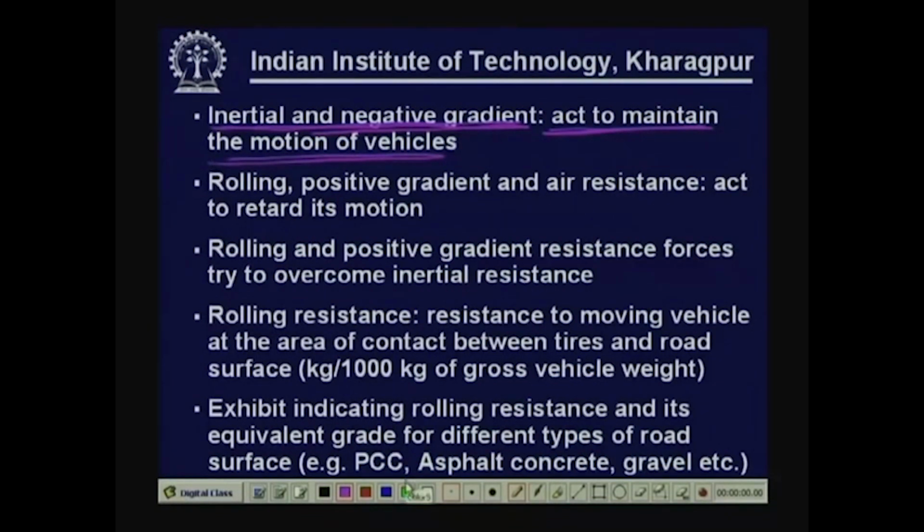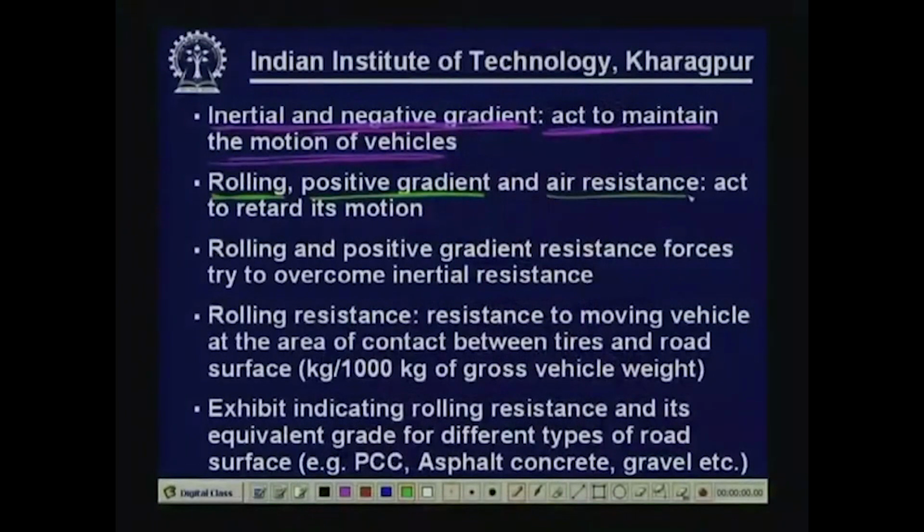On the other hand, consider rolling resistance and positive gradient. Positive gradient means upward gradients. So, upward gradients, and in all cases rolling resistance and also air resistance, basically act to retard the vehicle motion. Essentially, we can say that rolling resistance and positive gradient are resisting forces and try to overcome inertial resistance.